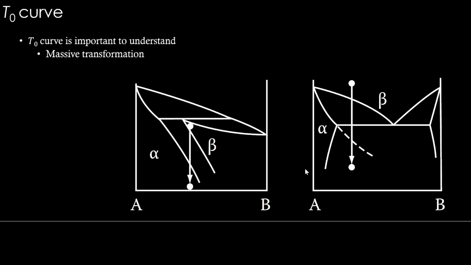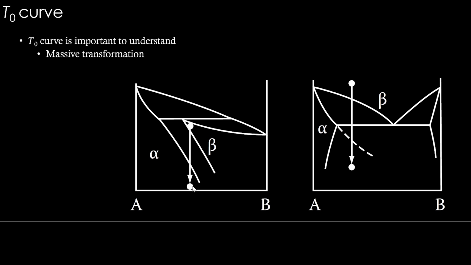Right here, this is beta, and if you slow cool it, alpha will nucleate out of it, and more alpha will form as you decrease the temperature, and at another temperature it's going to become completely alpha, right? So that microstructure will look different compared to if you take beta out of this temperature and put it directly into this temperature.